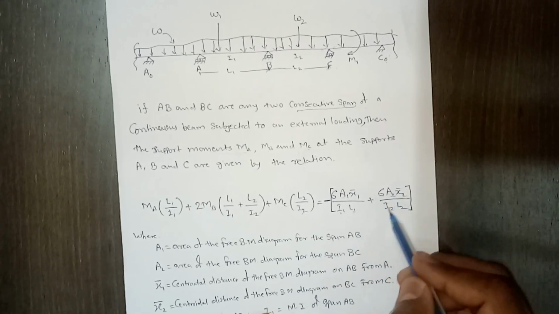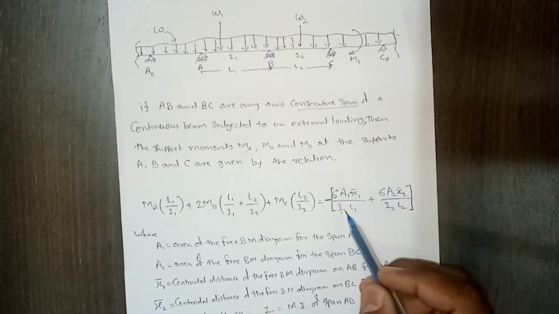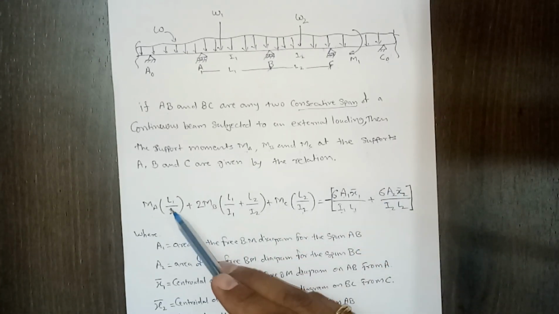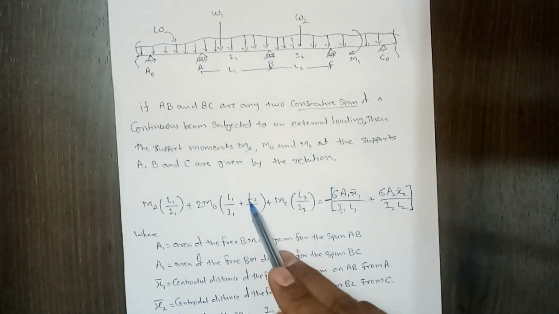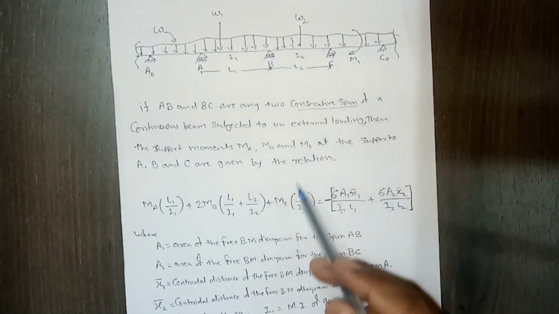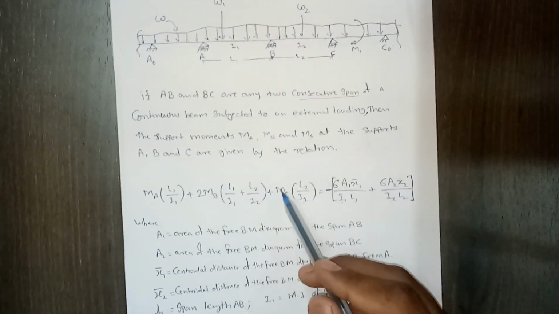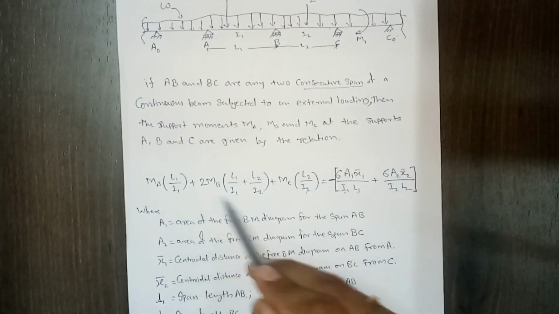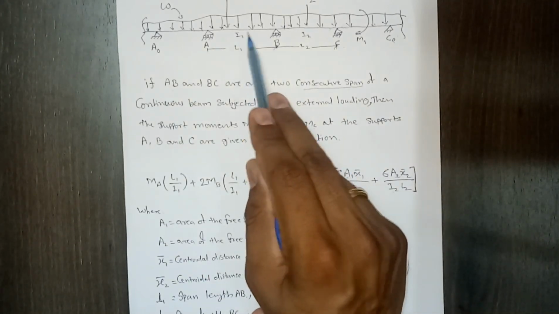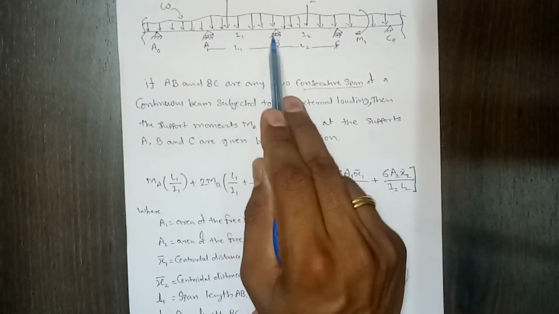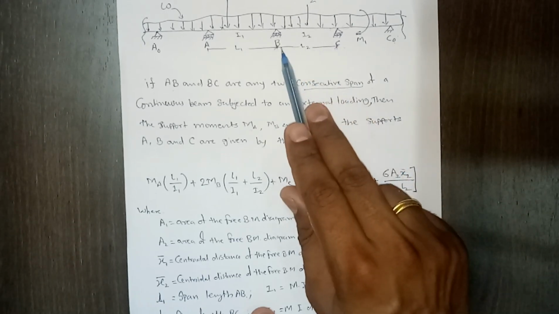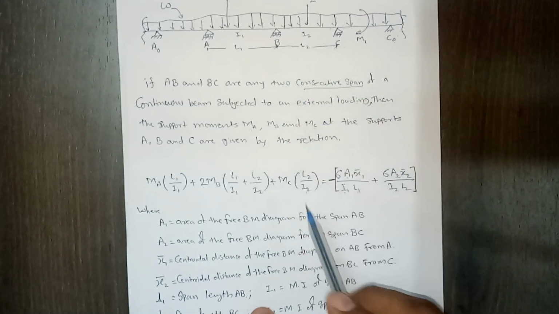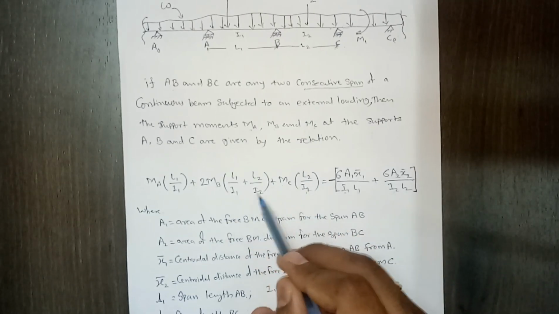Here the terms have some meaning. A few terms you must have understood: L1 represents the first span, L2 represents the span of the second portion of the beam. I1 is the moment of inertia of the section of beam AB, and I2 is the moment of inertia of section BC.